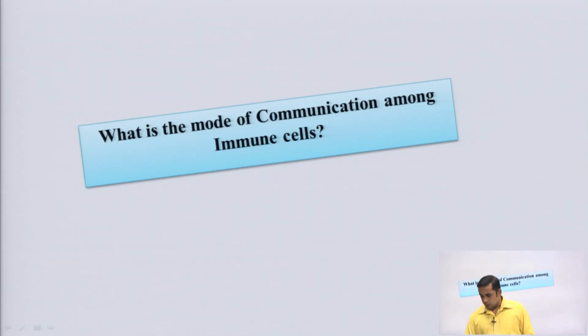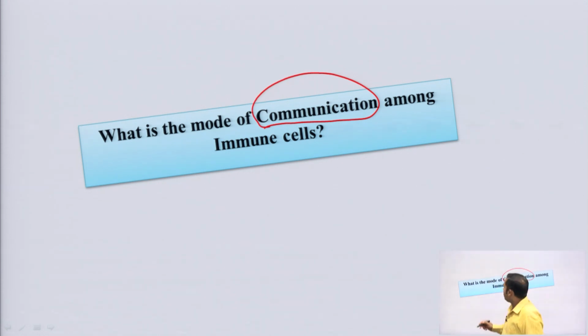After discussing this part, after understanding how all our antigen presenting cells present microbes to our T cells so the T cell can take some action, the biggest question now is communication: how are they communicating with each other?